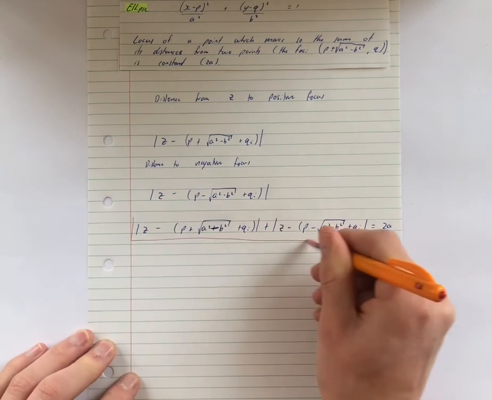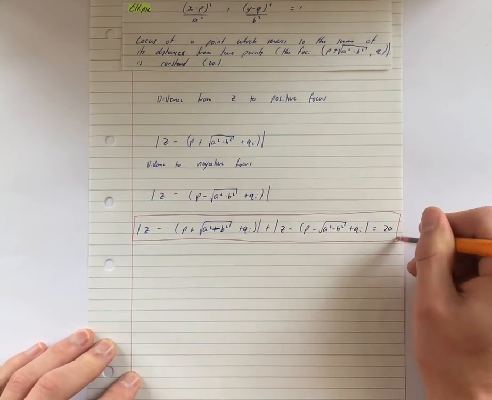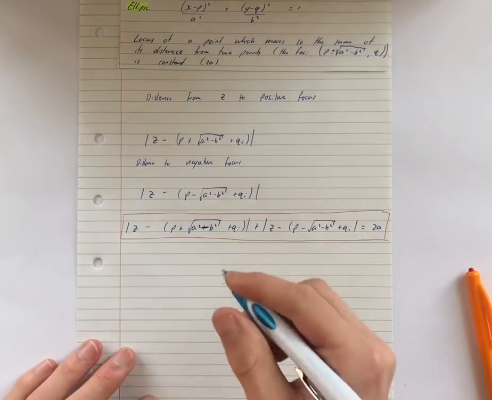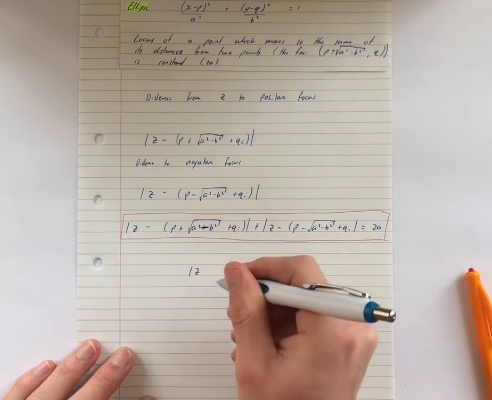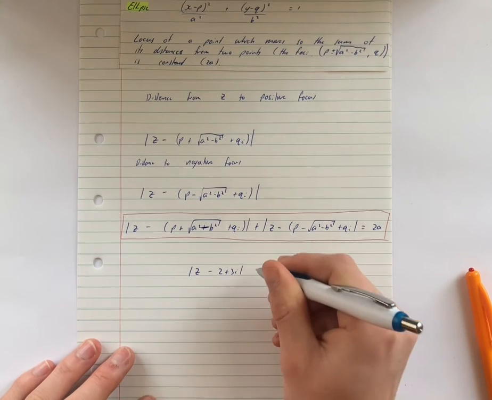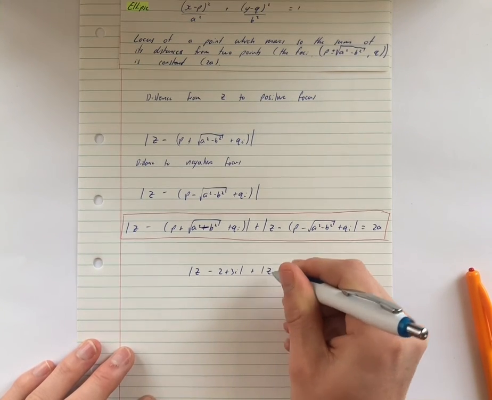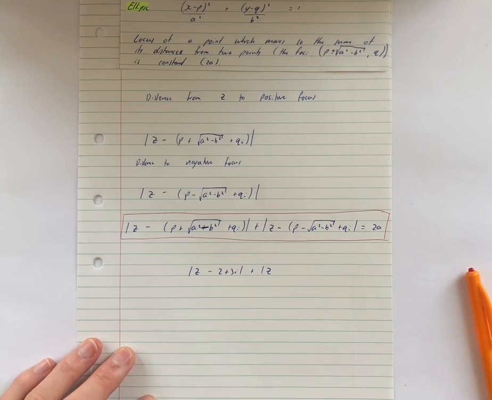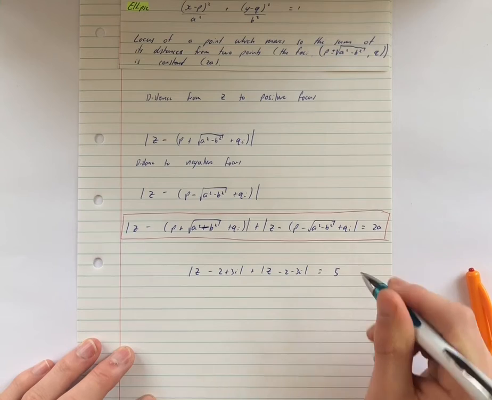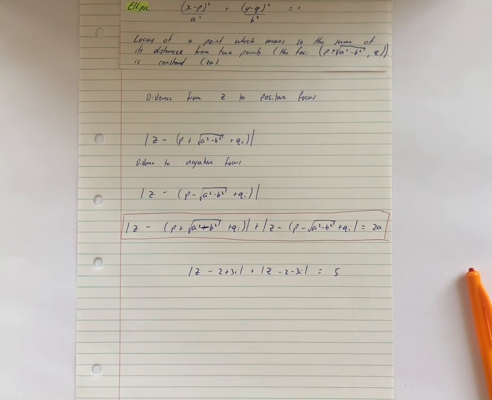So that there is our complex locus for the ellipse. Cool. So if you ever see an equation, say |z - 2 + 3i| + |z - 2 - 3i| is equal to 5, you're going to know that that is an ellipse. Okay?